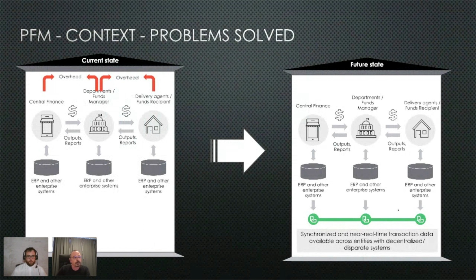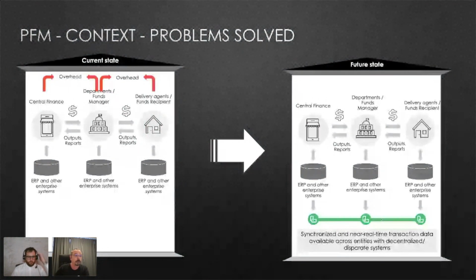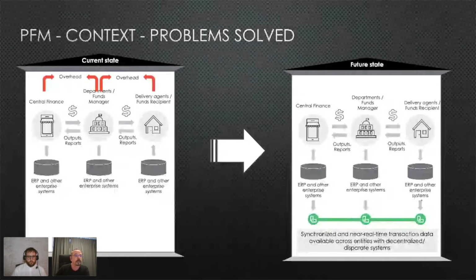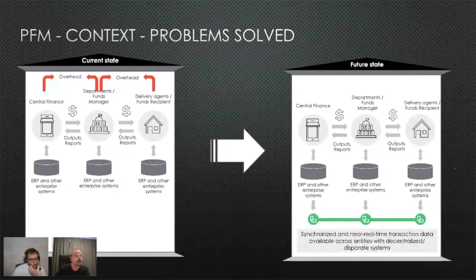And while this isn't real-time, it can be near real-time, because each of the entities in the hierarchy will now have access to the blockchain, plus some of the off-chain metadata that we use. I'll talk about that. They can get, a lot quicker, in almost near real time, a picture of what money is being spent and what it's being spent on.